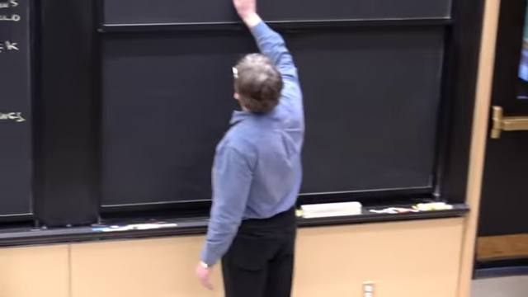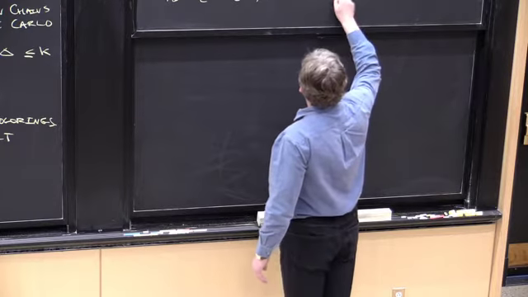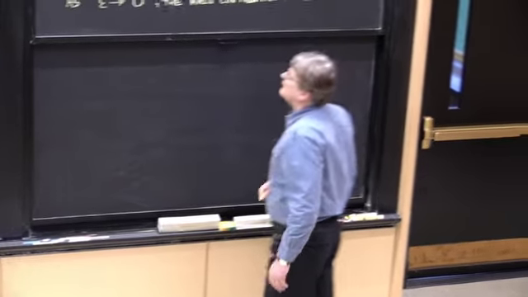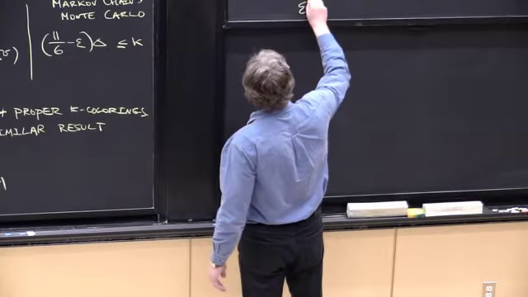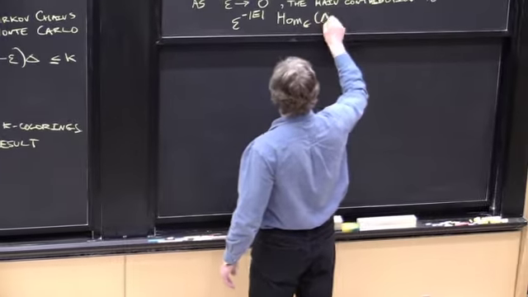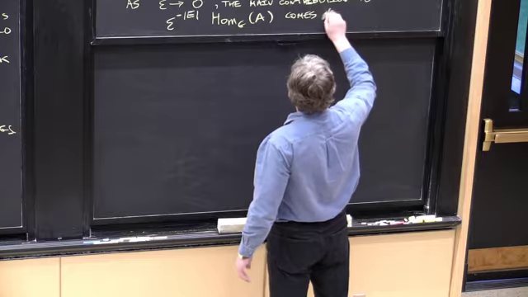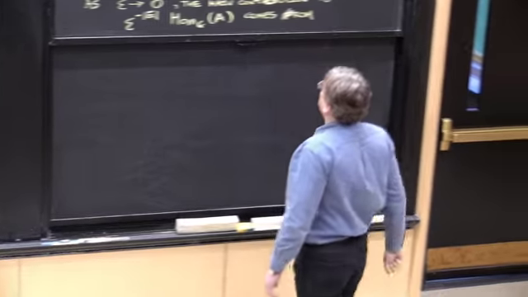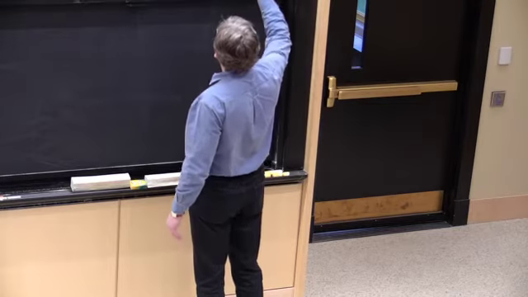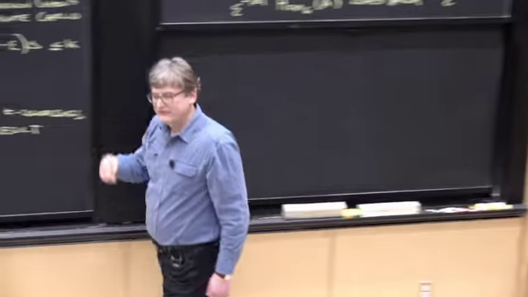The main contribution to epsilon to the negative e times the partition function comes from epsilon to the negative max cut, right?